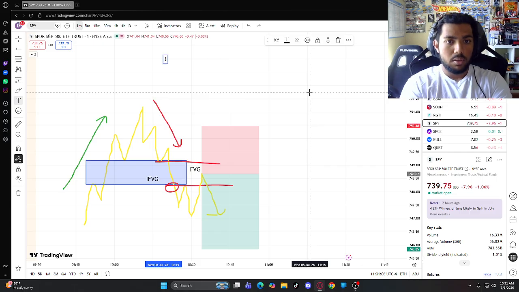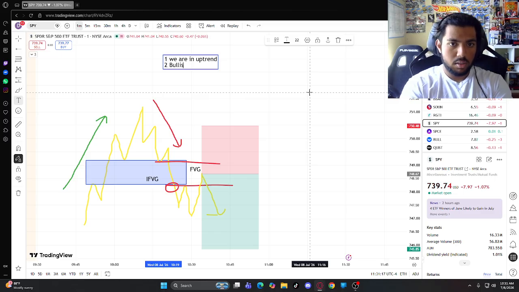First, we are in an uptrend. Two, the bullish fair value gap got disrespected. Three, inverse fair value gap.